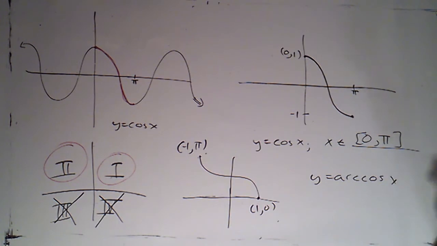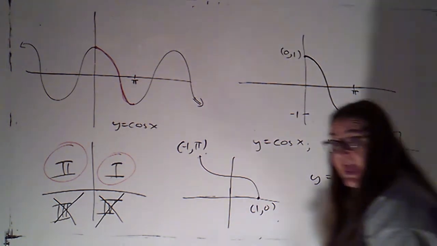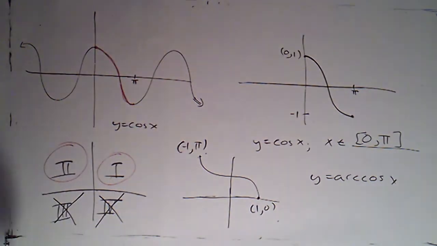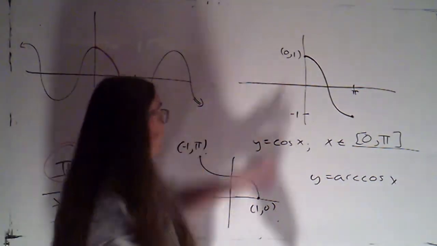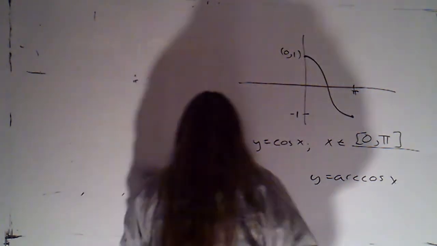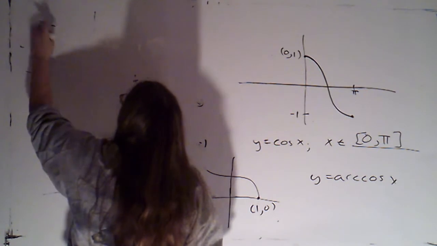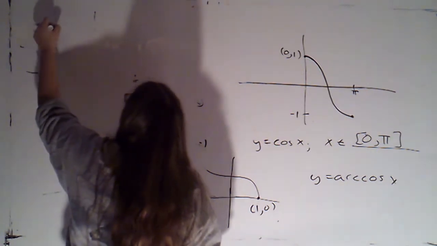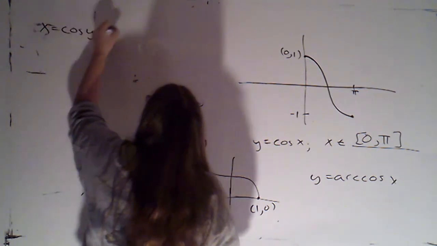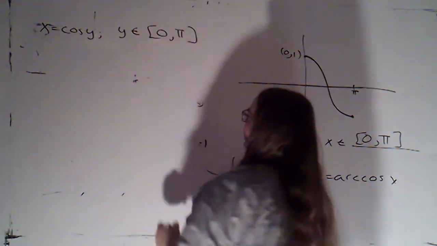So y equals arc cosine of x I get by simply switching the roles of x and y in the formula for this function. So I'm going to write that down on the board. That's going to mean that x equals cosine of y, and y is in the interval from 0 to pi.